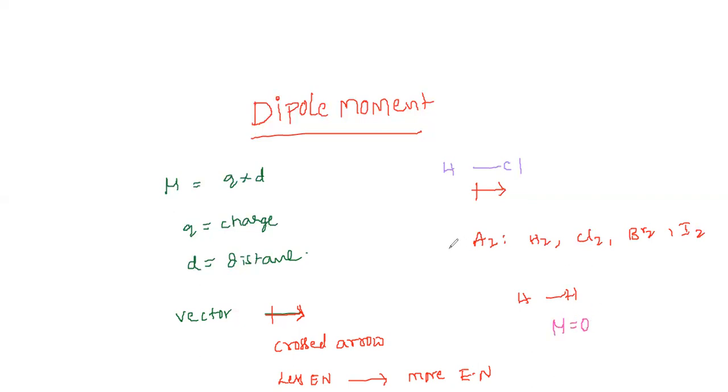Any homo diatomic molecule has zero dipole moment. Now I will discuss one more example, BF3 and NH3. Generally they ask this type of question. First, write down the structure: boron with fluorine, fluorine, fluorine. Here nitrogen with hydrogen, hydrogen, hydrogen.